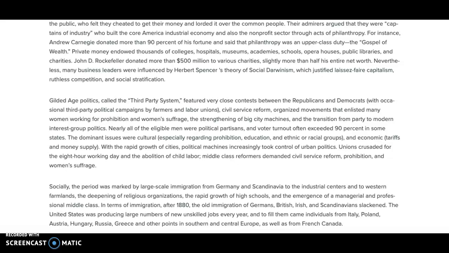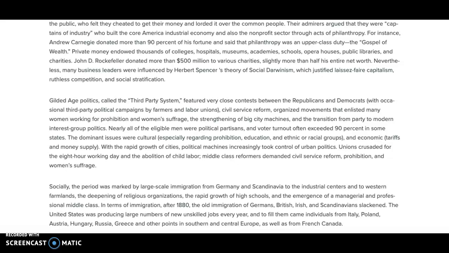Their admirers argued that they were captains of industry, who built the core American industrial economy and also the nonprofit sector through acts of philanthropy. For instance, Andrew Carnegie donated more than 90% of his fortune and said that philanthropy was an upper-class duty. The gospel of wealth.